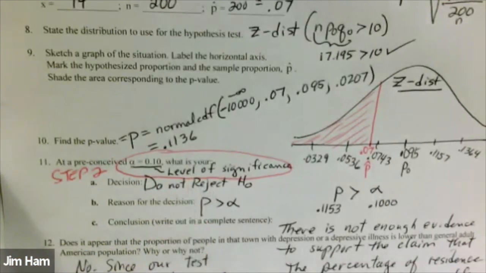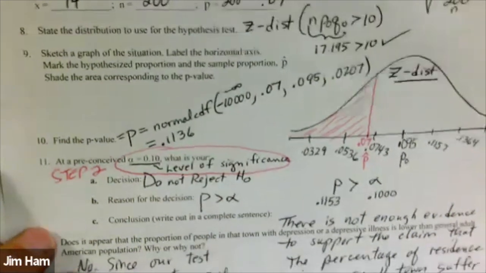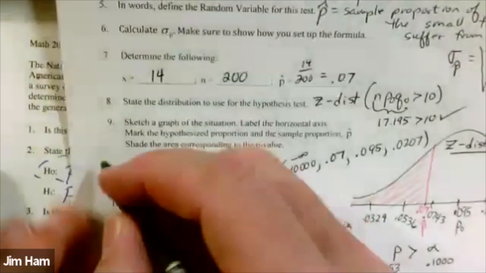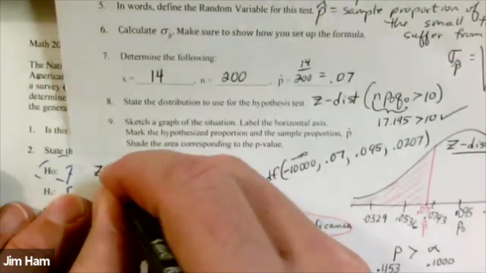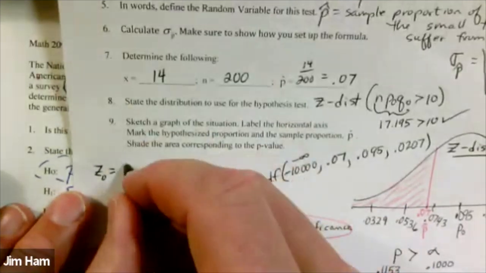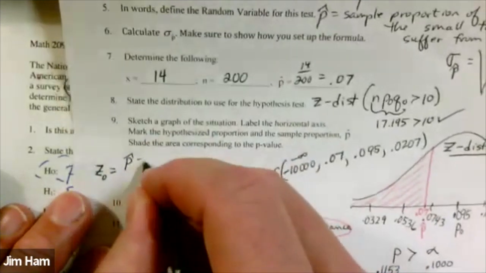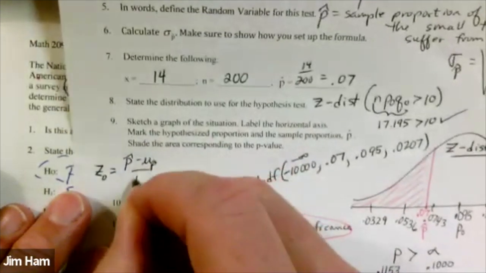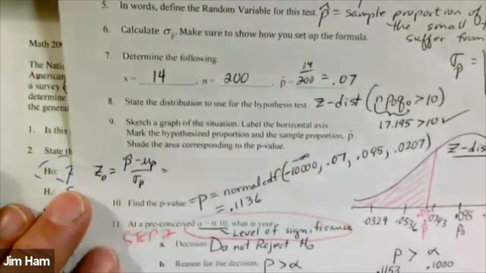Step 3 is to calculate the test statistic and the p-value. We didn't need to calculate the test statistic here, but if we did, I'll write it in this little space here. Our test statistic is by formula p hat minus mu sub p hat over sigma sub p hat. And we've calculated all these.